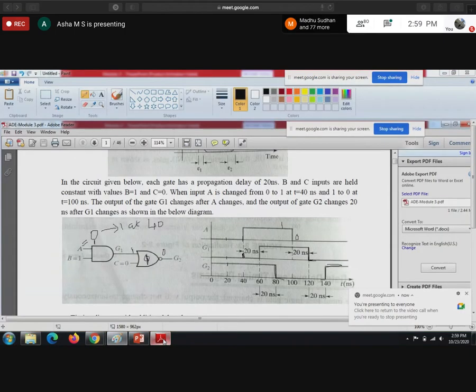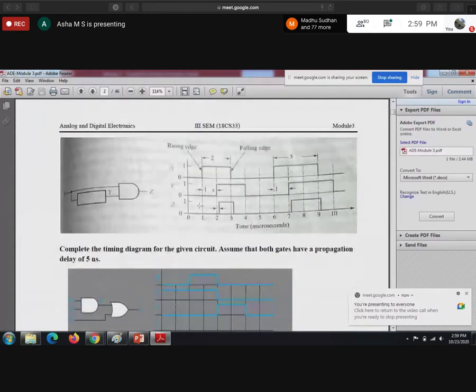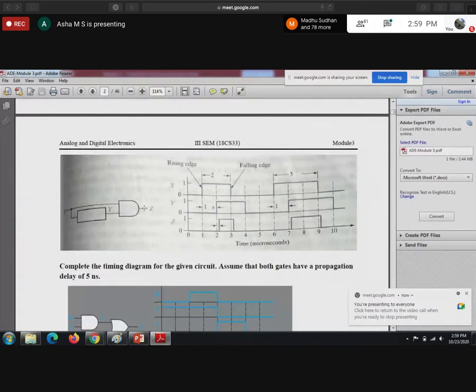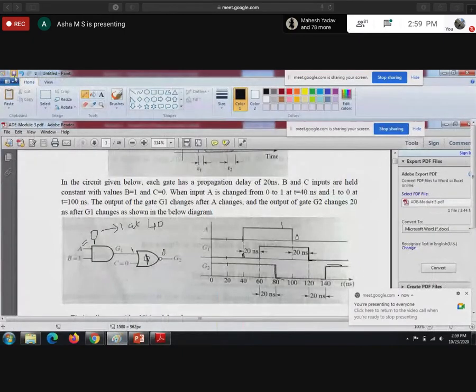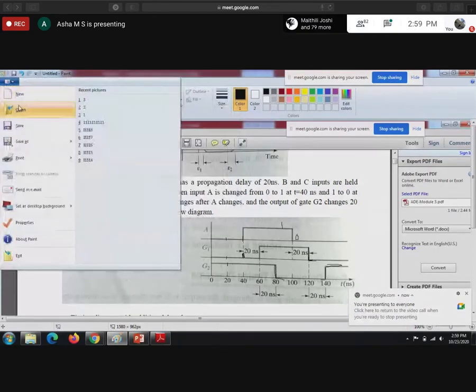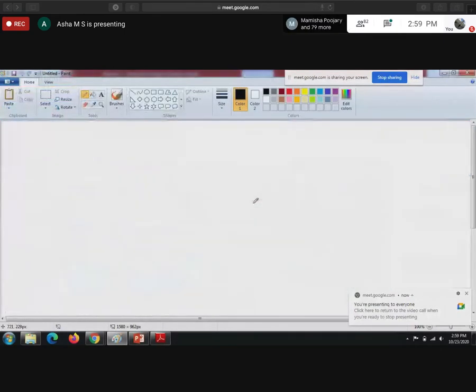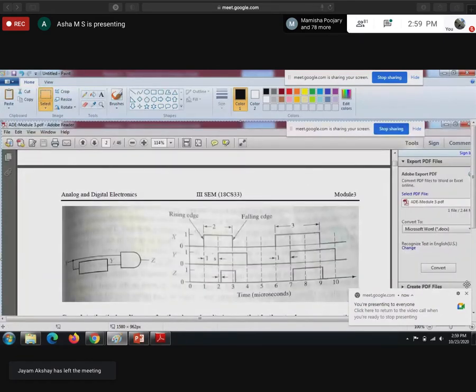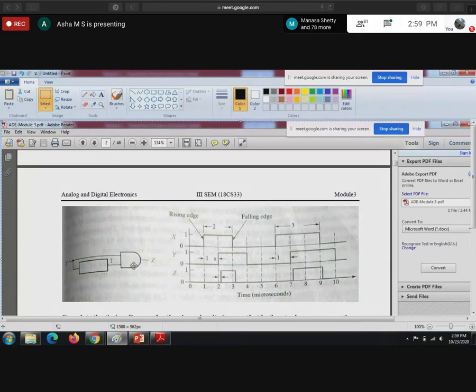Let me show that also, with delay. See here, in this example I don't have any other gates apart from the AND gate. I have only one AND gate in the circuit, and in that I have one extra element called a delay element.